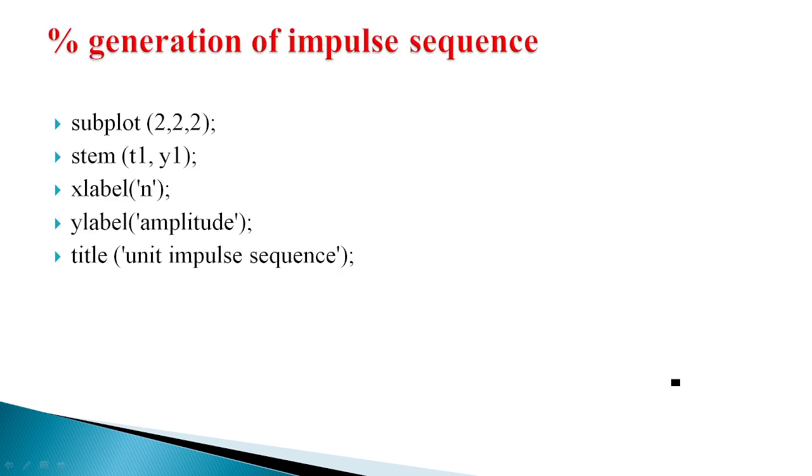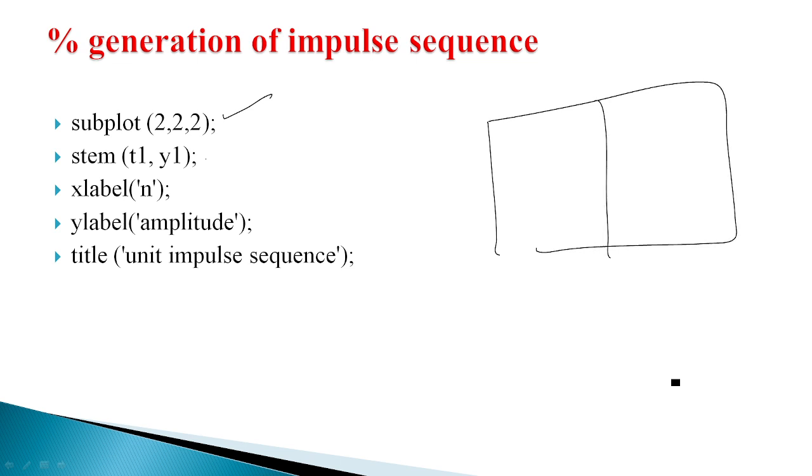And again, for impulse sequences we need to get the impulse sequence. So again 2 rows and 2 columns, and the second diagram should appear here. Even if you want only 1 row and 1 column, or 1 row and 2 columns, we can take 1 1 or 1 2 for the second diagram. That depends on our requirement.